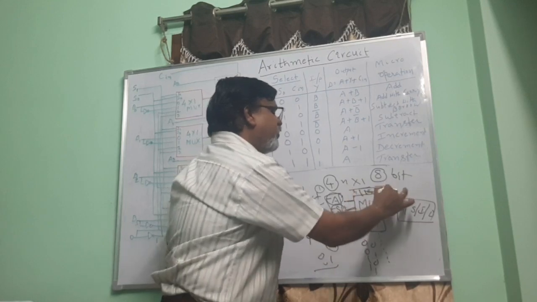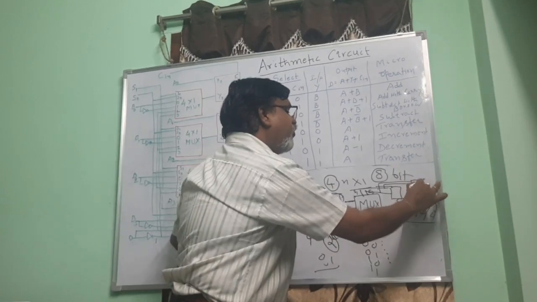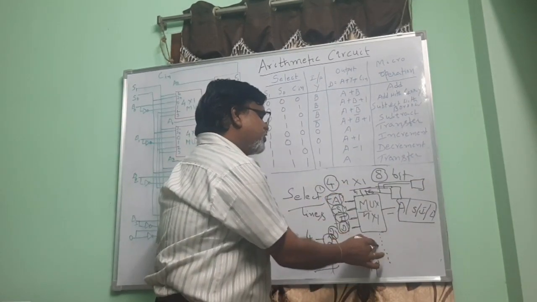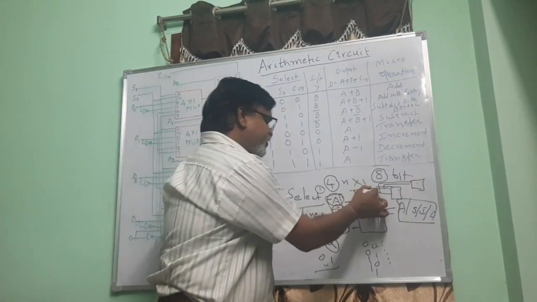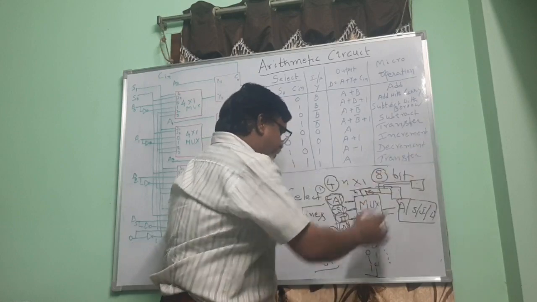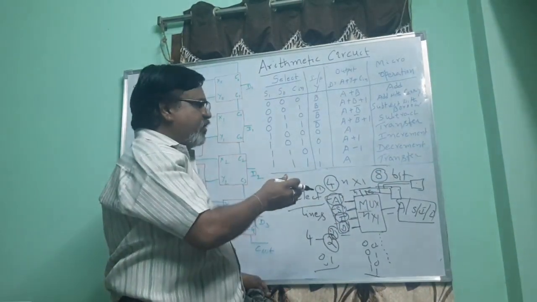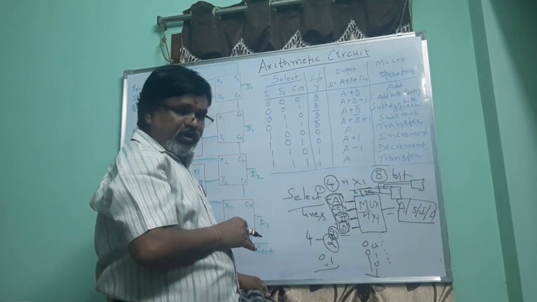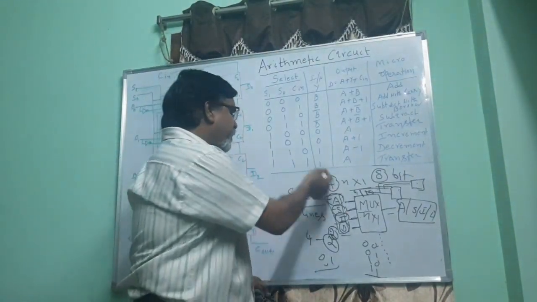If S1, S0 are all zeros, for all these multiplexers addition will be executed. If S1 and S0 are all ones, for all the multiplexers decrement will be executed. So that is the idea behind designing the arithmetic circuit in a single hardware implementation which can perform the 4 operations.